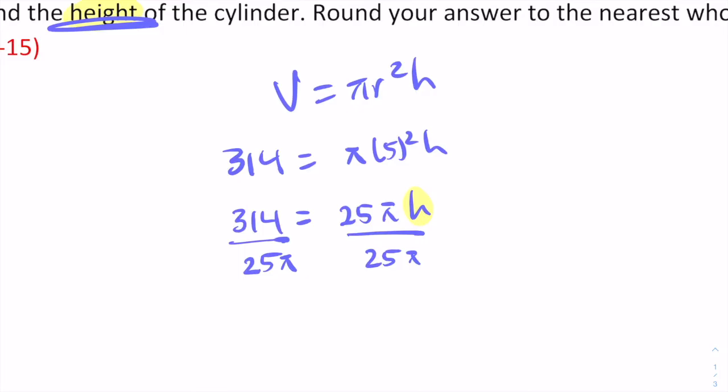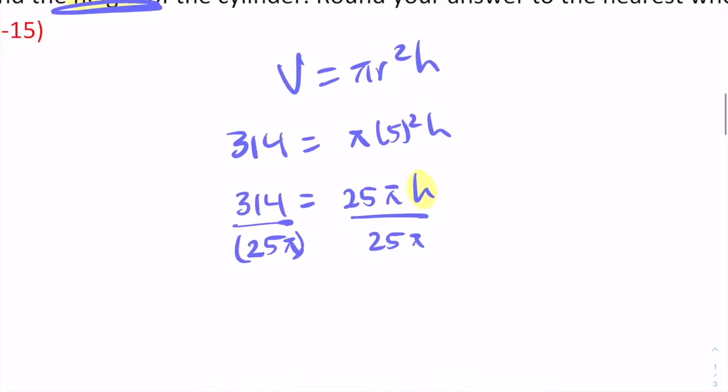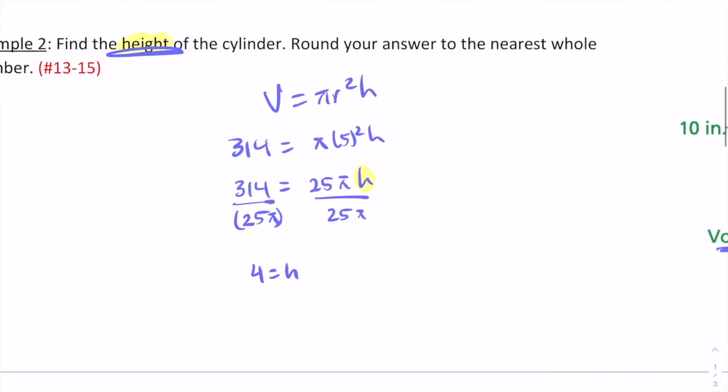You have to put the bottom in parentheses for order of operations, or else you will get the wrong answer. I don't want that to happen to you after all of this work you did. So make sure you put the bottom in parentheses. When you do that, you get 4 is equal to h. So that's 4 inches.